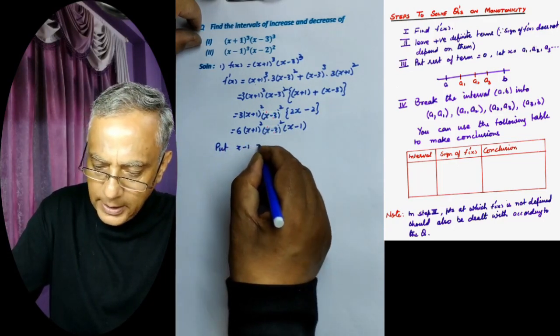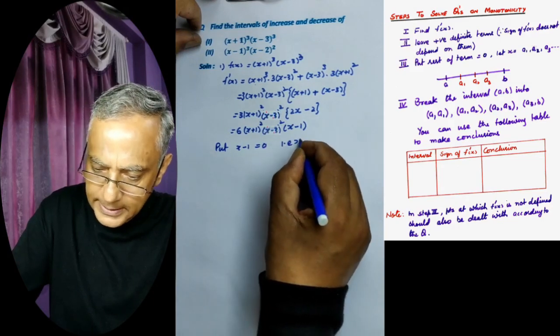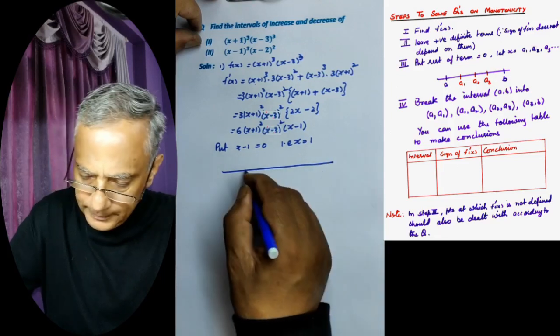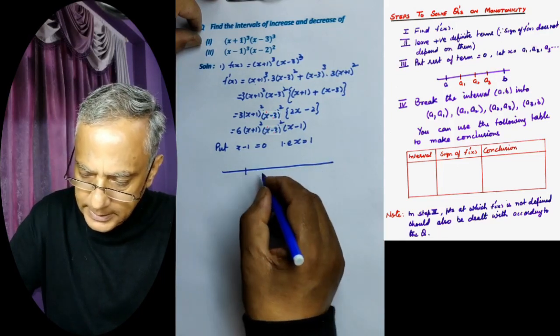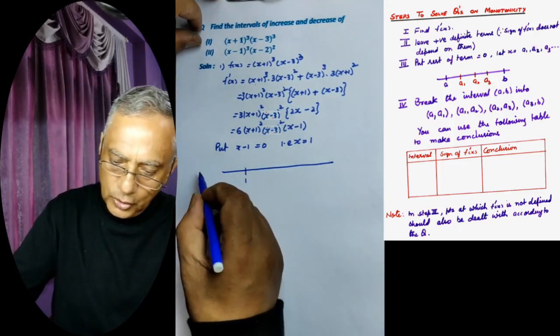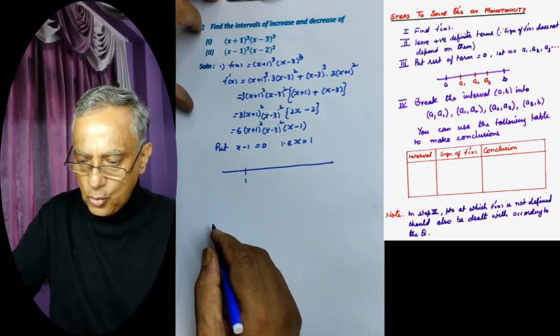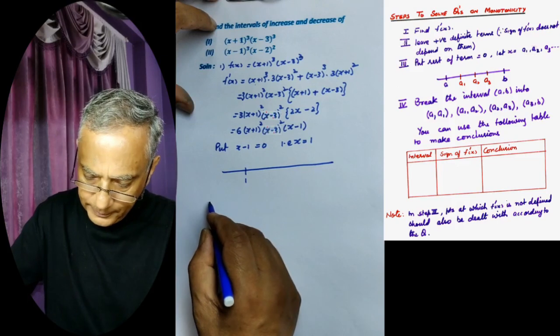x minus 1 is equal to 0, that is x is equal to 1, and break the number line into, this is say 1. So this will be minus infinity to 1 and 1 to infinity. These two intervals will be there.